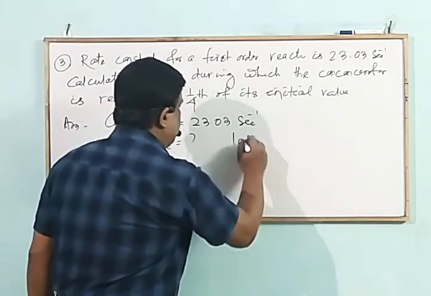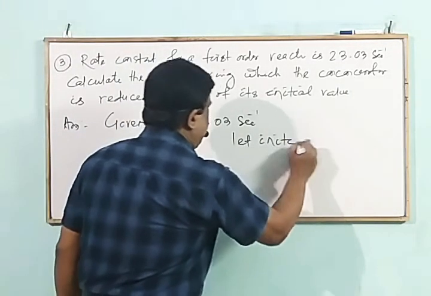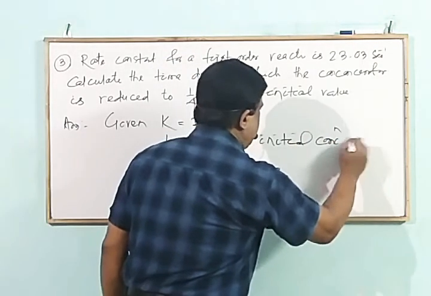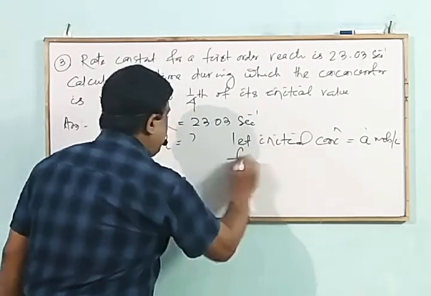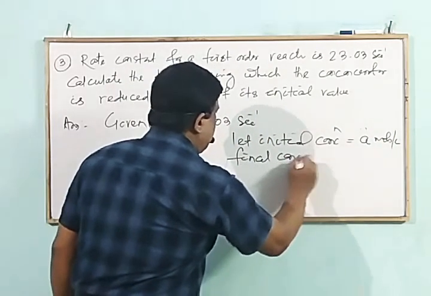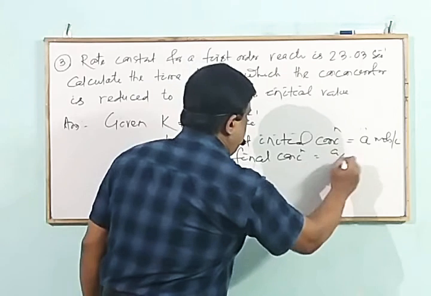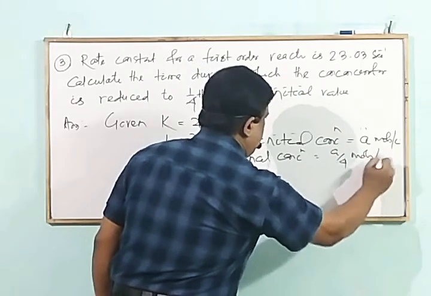Suppose the initial concentration is equal to A moles per liter. Then the final concentration is equal to A by 4 moles per liter.